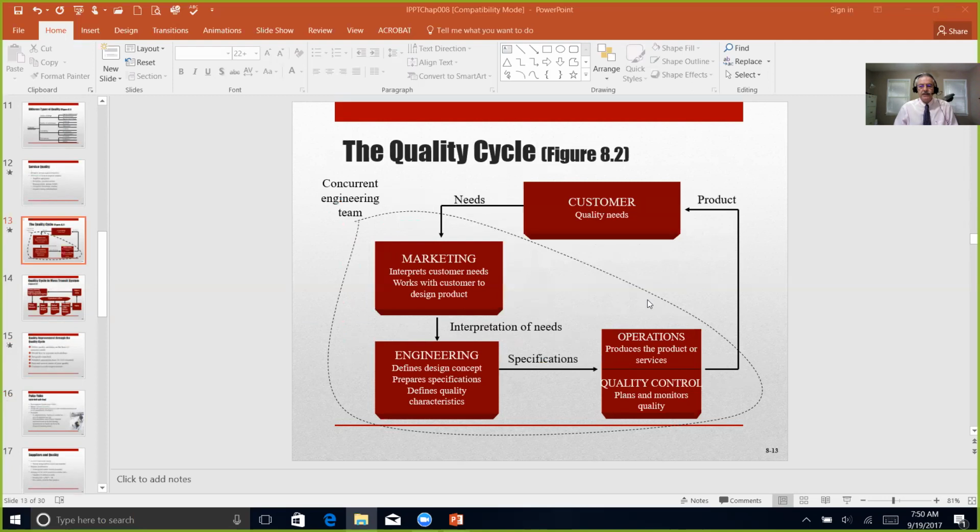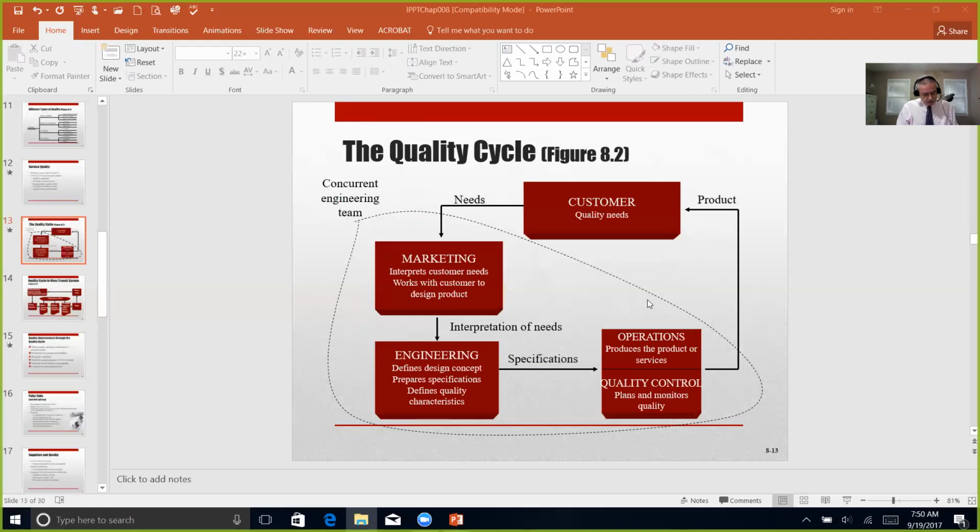Then those specifications are actually passed off into the operations, where operations must continue to ensure that the product is produced as specified, or if it's a service organization, that that service is provided in a way that's going to meet the customer's needs.